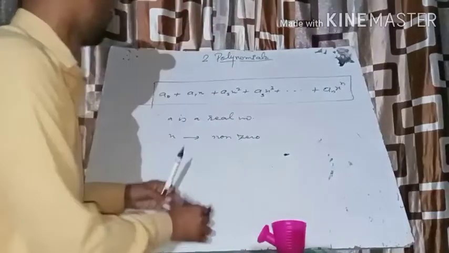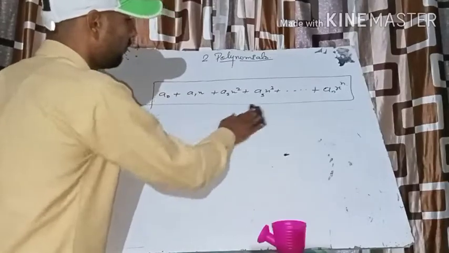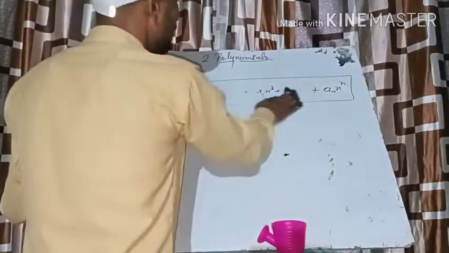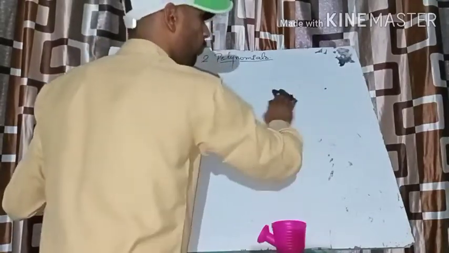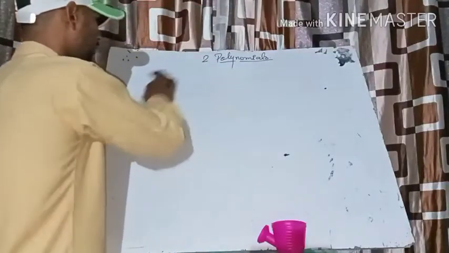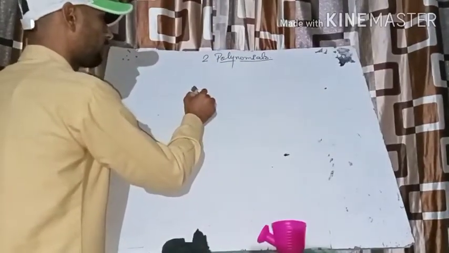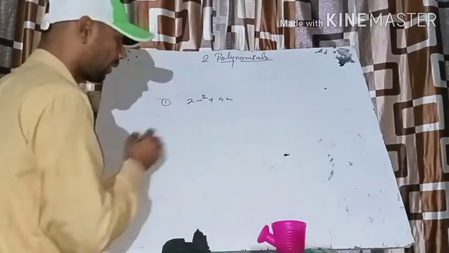Now next is the degree of polynomial. What is the degree of polynomial? We have already learned the same topic in our 8th standard. The highest power of the algebraic expression is known as the degree of polynomial. Suppose we have 2x square plus 4x as one expression.